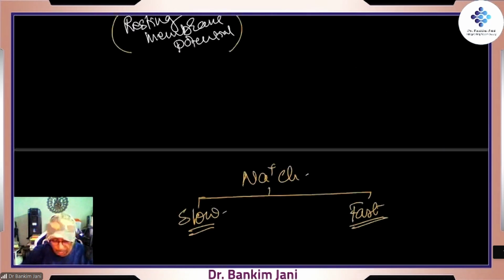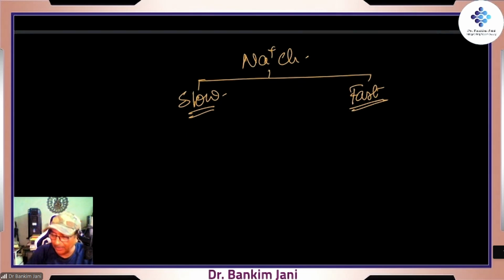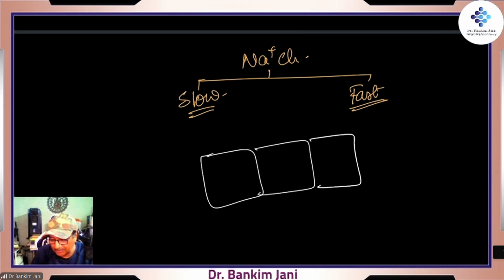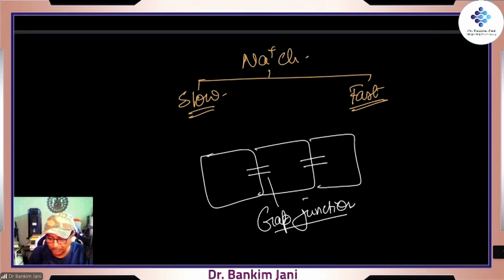But over here, in case of cardiac cells, if we really go into the depth of the histology, there are some discs. They are called the gap junction. So due to this, the whole heart contracts like a single shot.